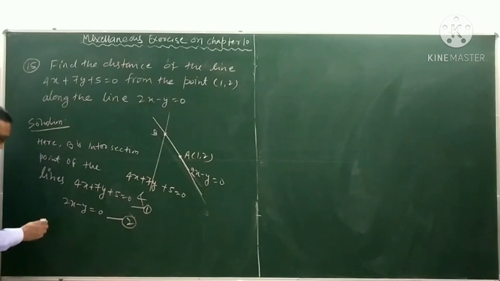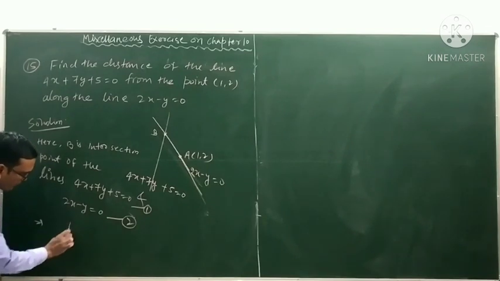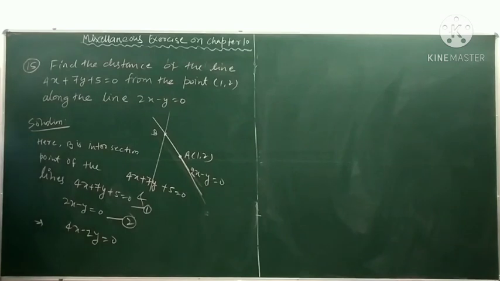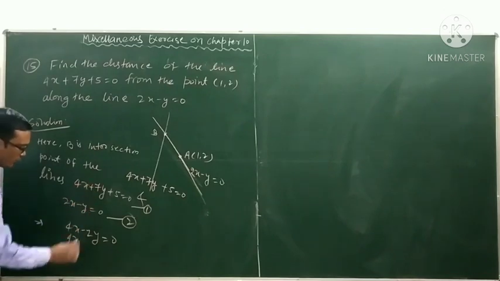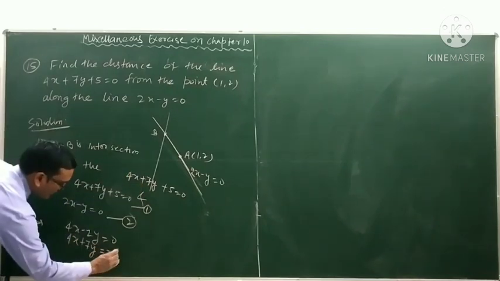Okay students, equation 2 is also written as 4x minus 2y equal to 0. We multiplied by 2 on both sides. Here equation number 1 is 4x plus 7y equal to minus 5.